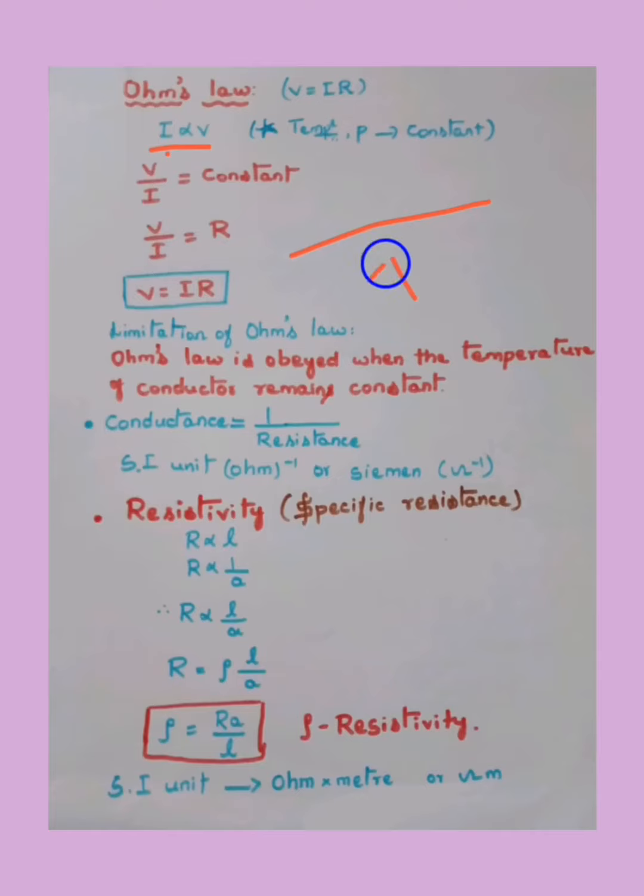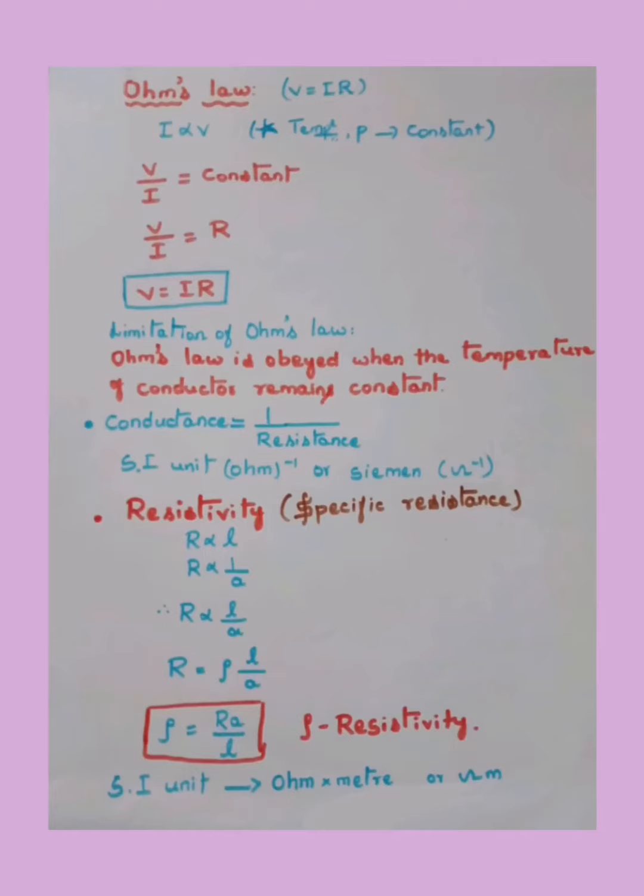Okay, that is I directly proportional to V. Current flowing in a conductor is directly proportional to the potential difference applied across its ends, provided that the physical conditions like temperature, pressure remain constant for that conductor. So this is the statement of Ohm's law.